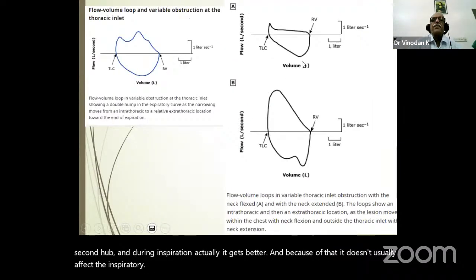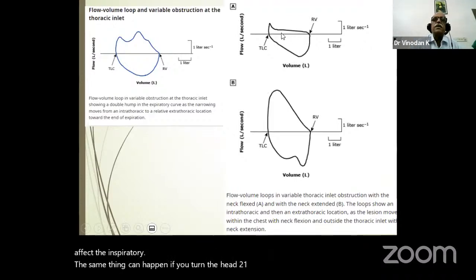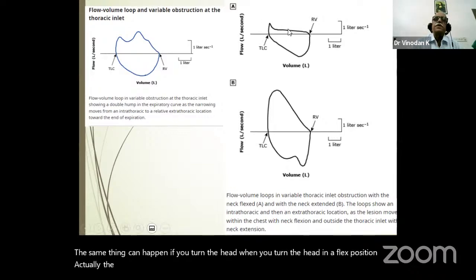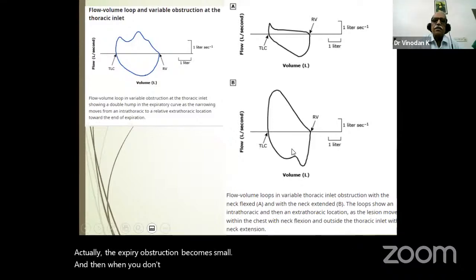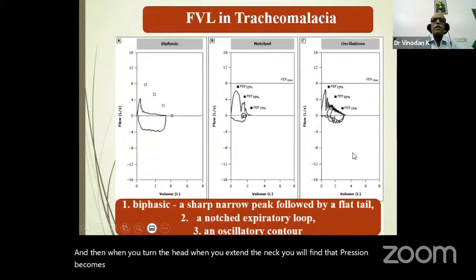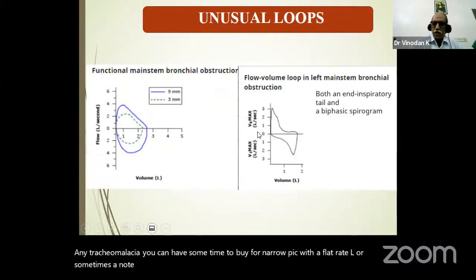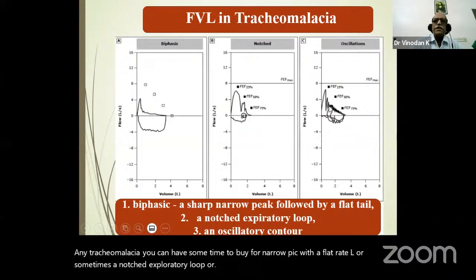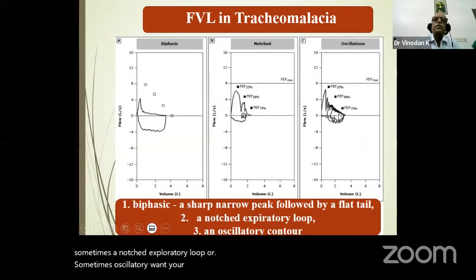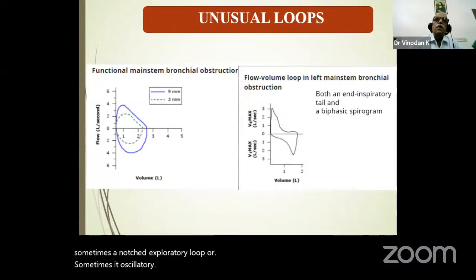The same thing can happen if you turn the head. When you turn the head in a flexed position, the expiratory obstruction becomes small. And when you extend the neck, you will find that the expiration becomes better. And in tracheomalacia, you can sometimes have a biphasic narrow peak with a flat tail, or sometimes a notched expiratory loop, or sometimes an oscillatory contour for the flow volume loop.